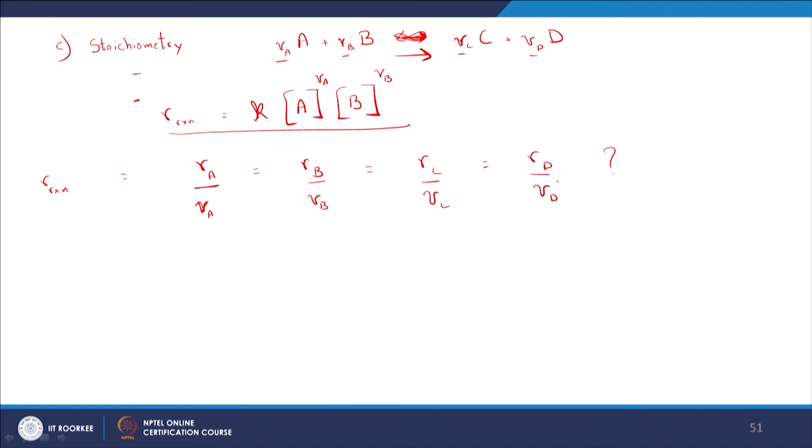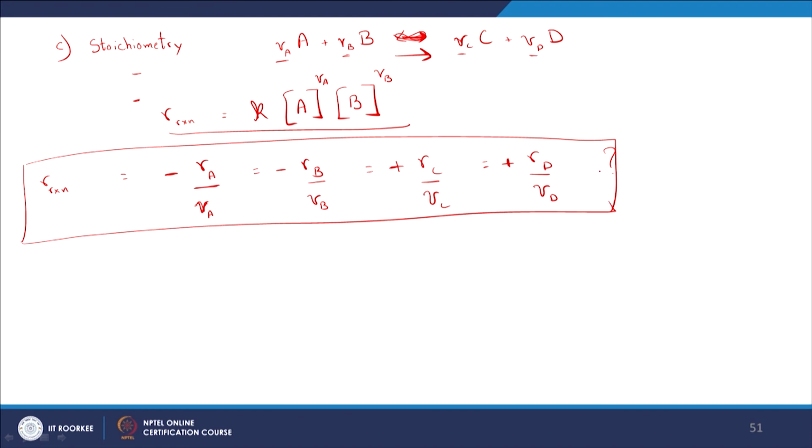Another aspect here is A and B are being lost and C and D are being formed. So, this is a take home message that you need to keep in mind. What does this mean?